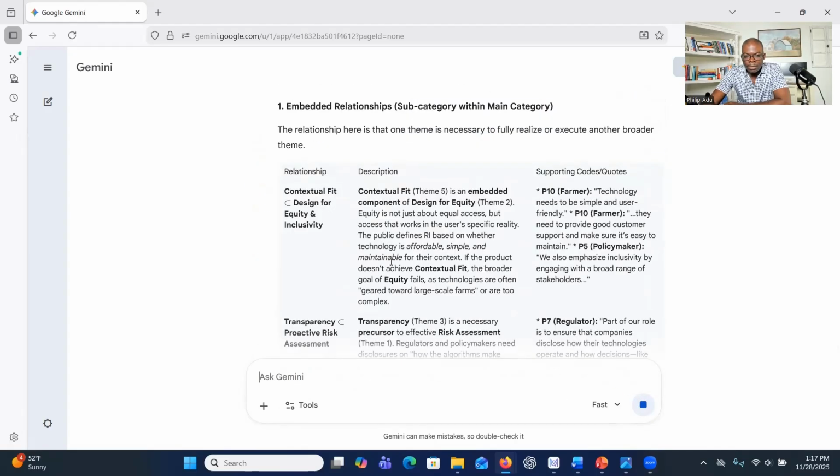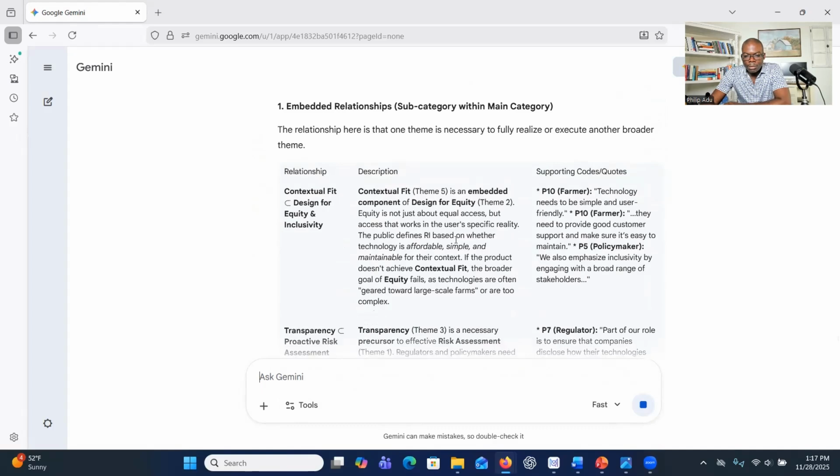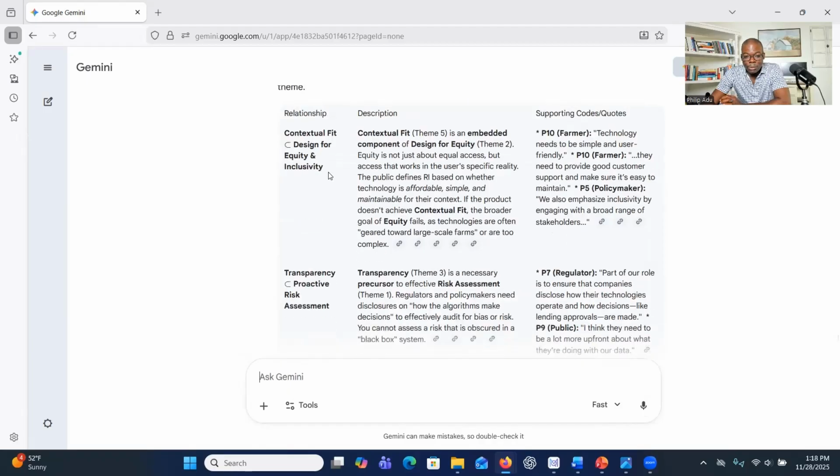Okay, so perfect. So you see here the system has created a table for us. You have the relationship, description, and also supporting codes and quotations. That's perfect. That's what I need. I need the system to give us the description, right? So now contextual fit, design for equity and inclusion.